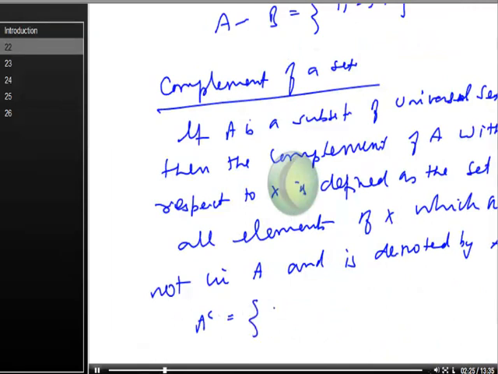So A complement is the set of all x such that x belongs to X and x is not in A.